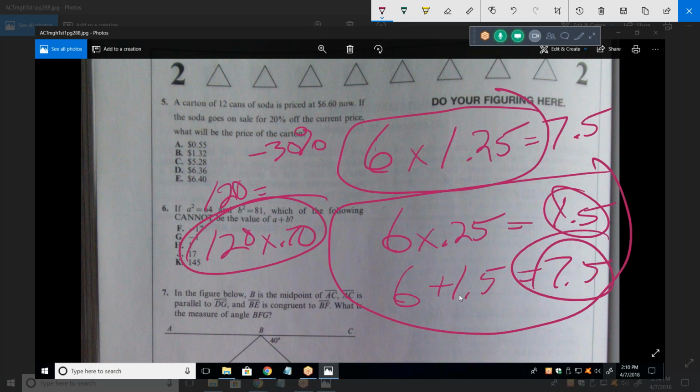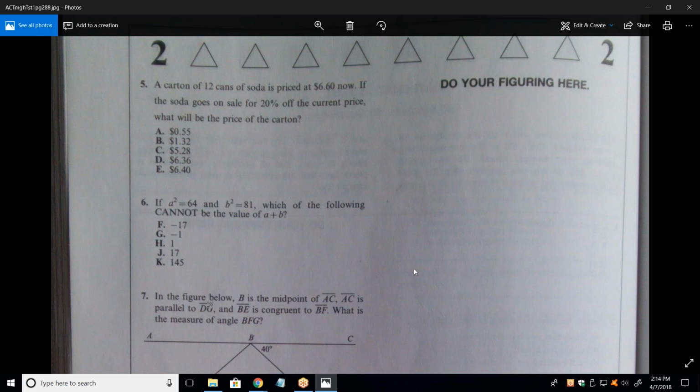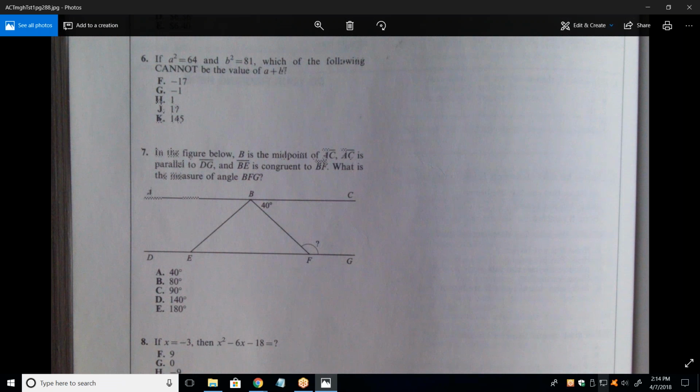Now, that doesn't seem like a big thing, but let me tell you something. If you save 15 seconds on all these problems, it's going to give you that much more time to do all of them. So these little incremental aids are actually important.